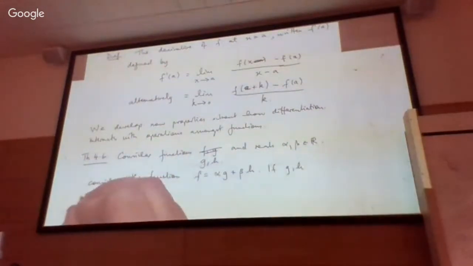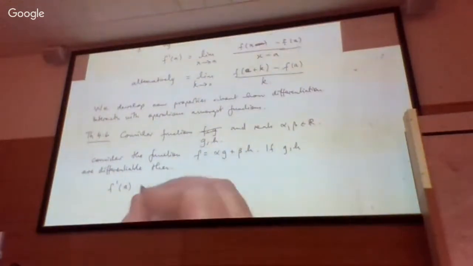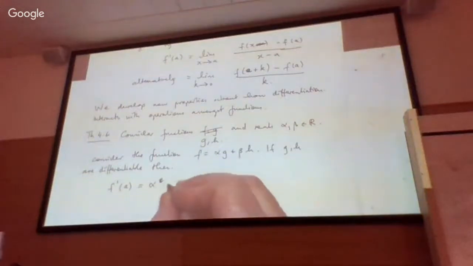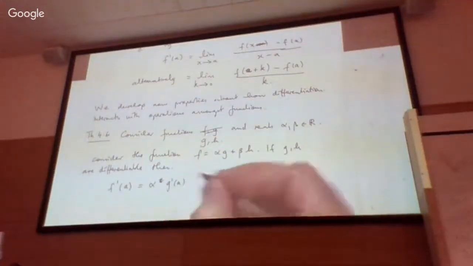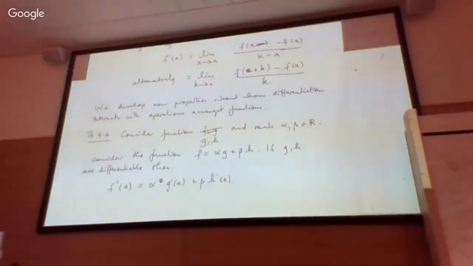If g and h are differentiable, they have derivatives, then what this theorem is asserting is that f is differentiable, and the derivative of f at a is the nicest possible thing it could be. It's going to be alpha times the derivative of g at a plus beta times the derivative of h at a.